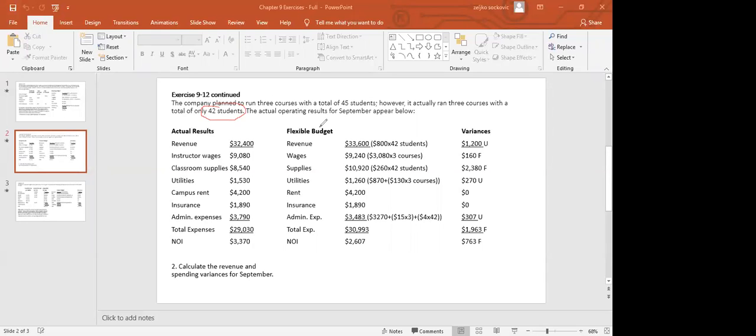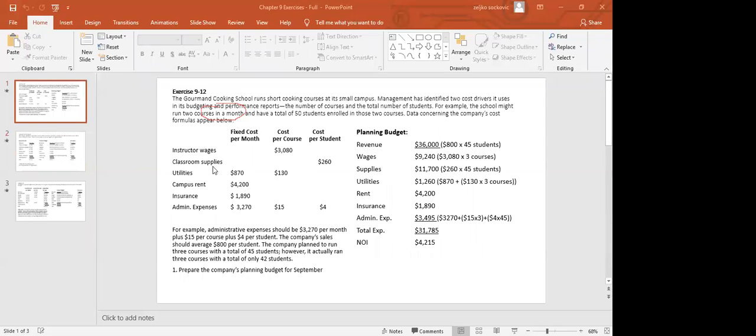So at 42 students, according to our planning budget, we will charge $800 per student, right? You see in a planning budget, $800 is used here. This is our planning budget.